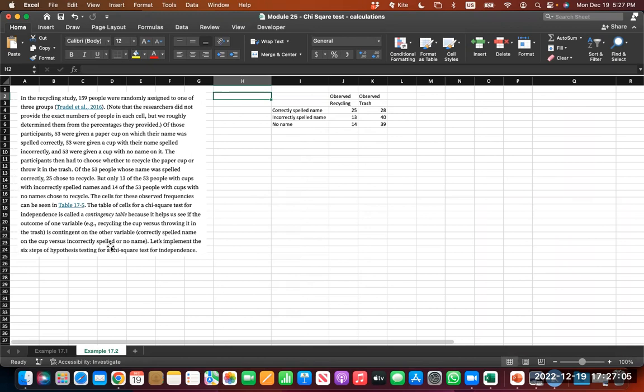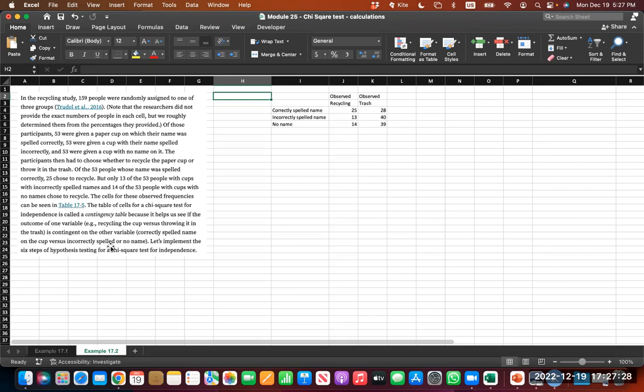In a recycling study, 159 people were randomly assigned to one of 3 groups. That is our independent variable. Either the coffee cup had your name spelled correctly, had your name spelled incorrectly, or had no name on it. So you have these 3 levels of your independent variable.